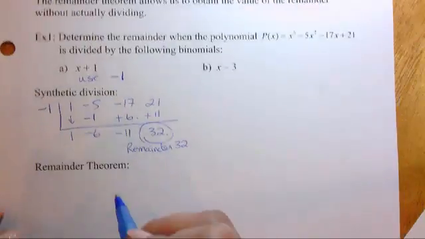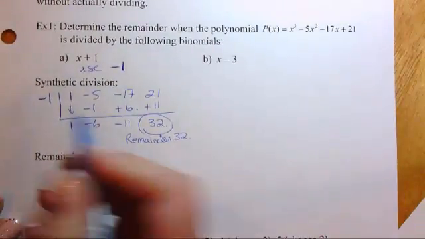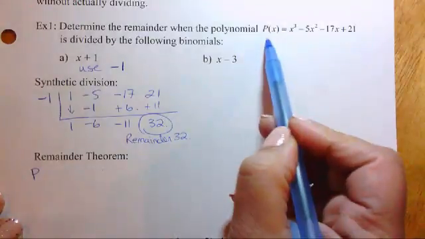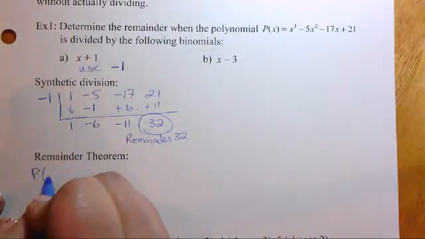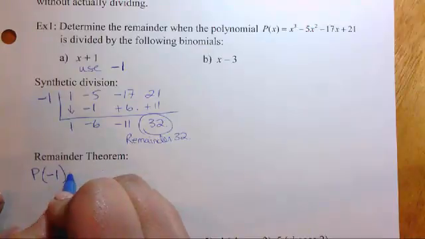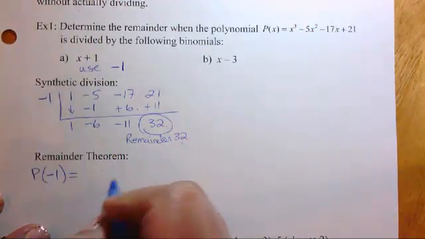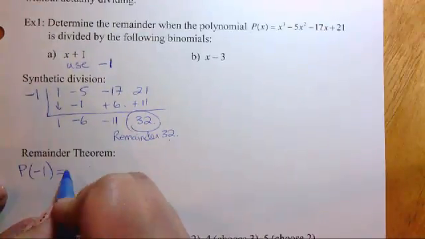Now, if I use the remainder theorem, that means that all I have to do is in my polynomial up here is plug in that value, -1, and I should get the same value as that right there. So let's go ahead and do that.